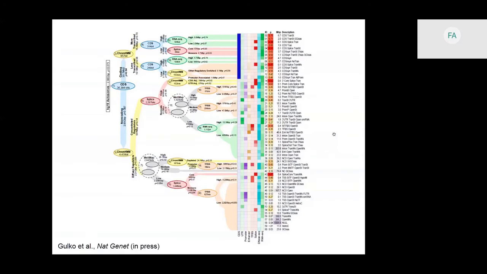And this is what we end up with when we analyze the Roadmap data: a very rich, quite complex decision tree. I won't go through all the details, but I'll highlight a few things. The first thing it picks is a split between coding and non-coding regions, not surprisingly. Secondly, it starts to use ChromHMM features, and uses them in different ways in coding and non-coding regions.